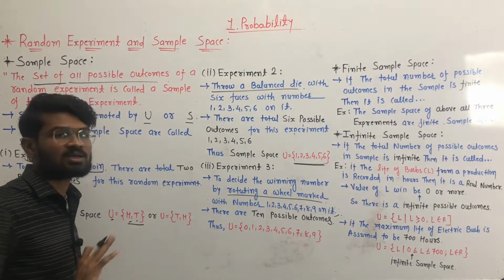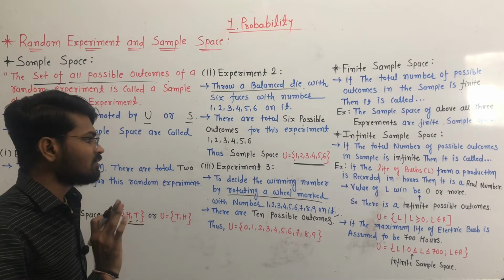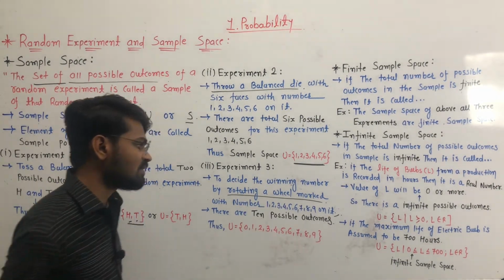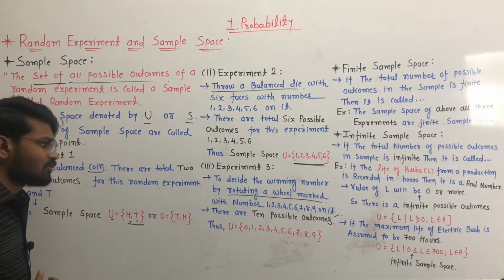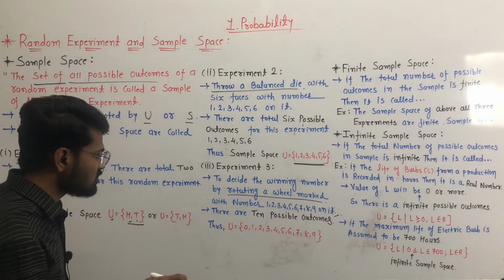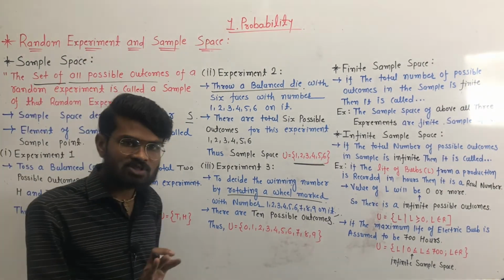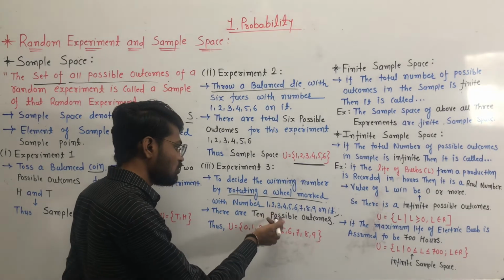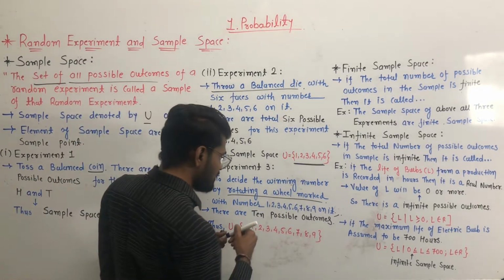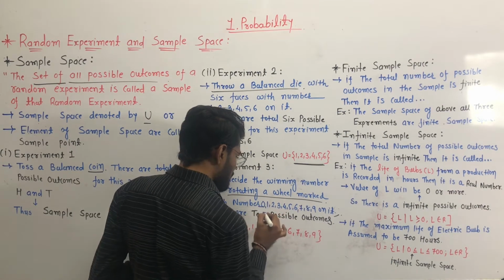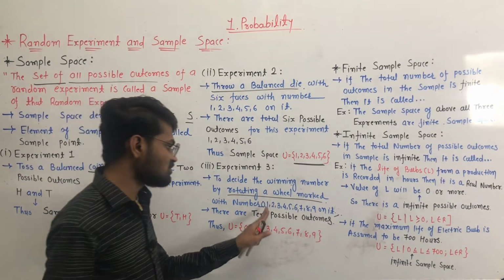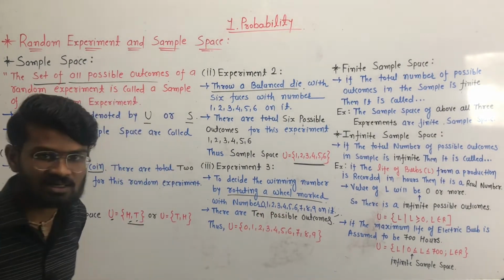We rotate the wheel, and there are 10 possible outcomes in this experiment: 0, 1, 2, 3, 4, 5, 6, 7, 8 and 9.